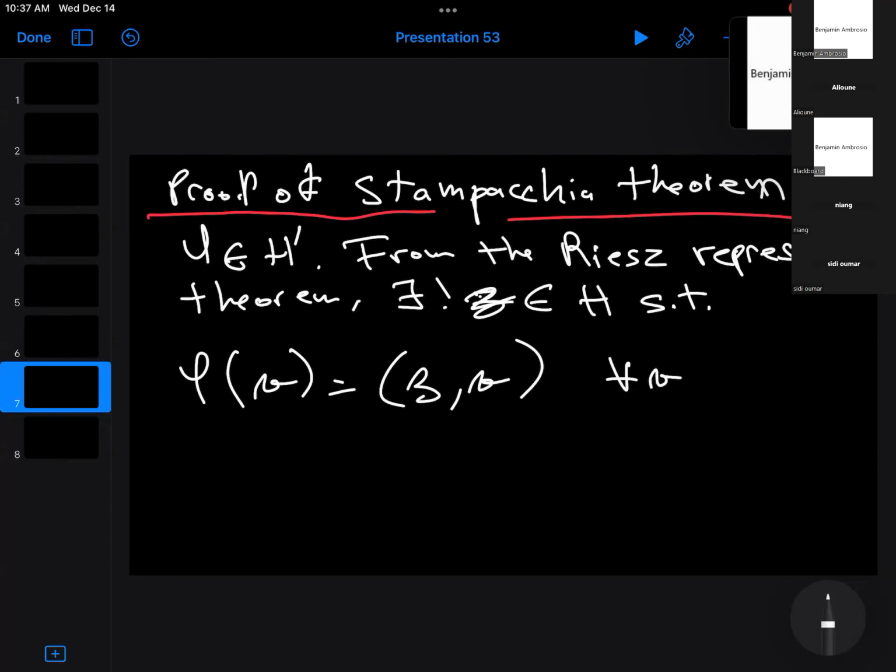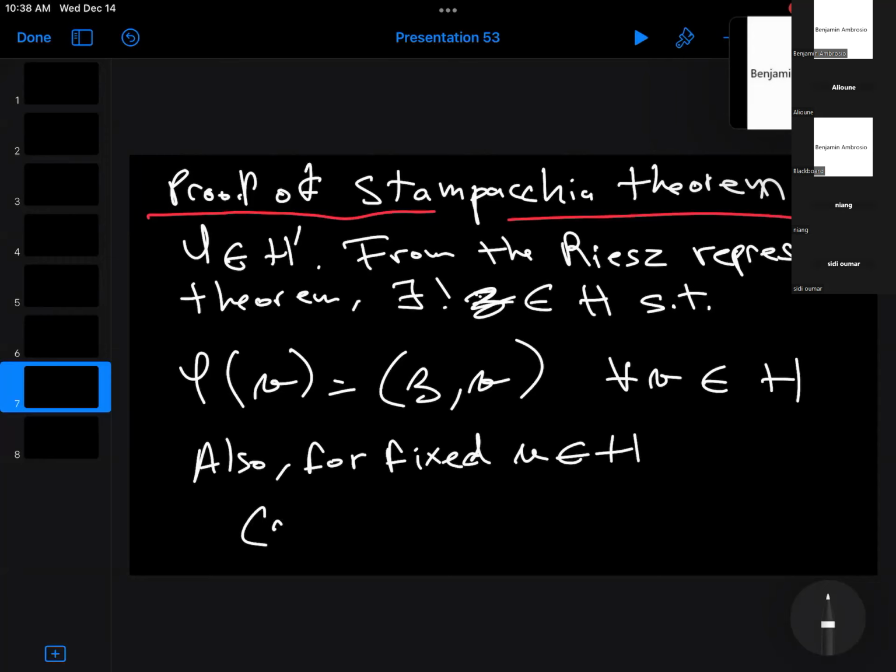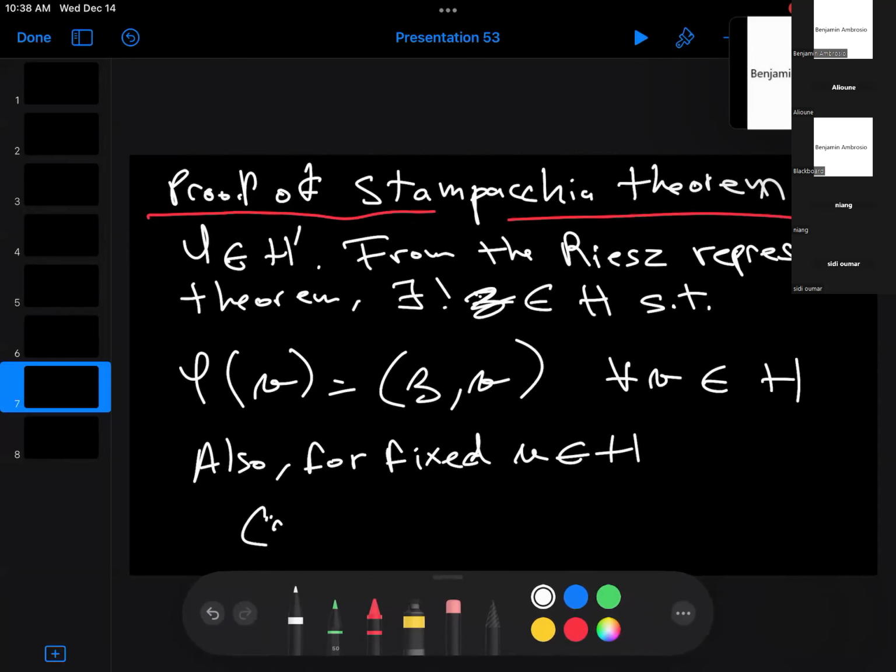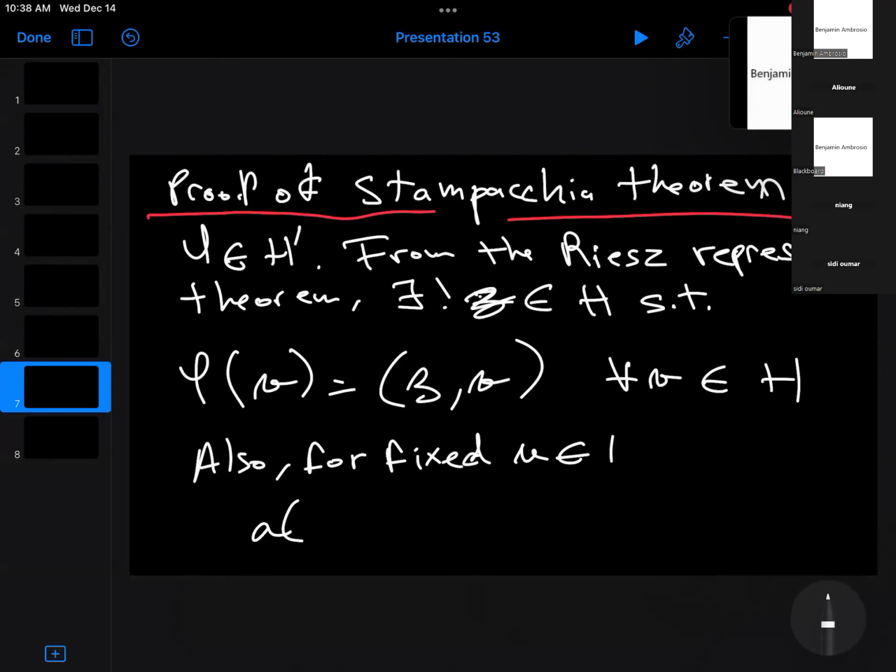So for all v in H. Also, if you fix u, then a(u, ·) is a linear function. So this belongs to H prime too.